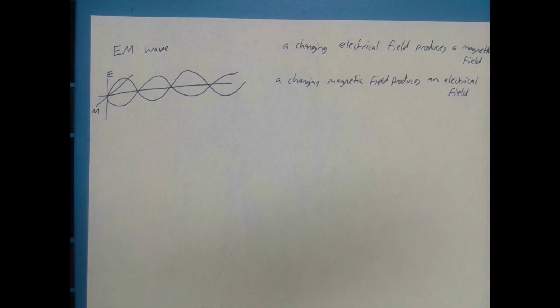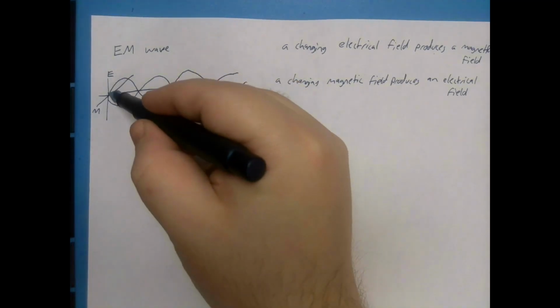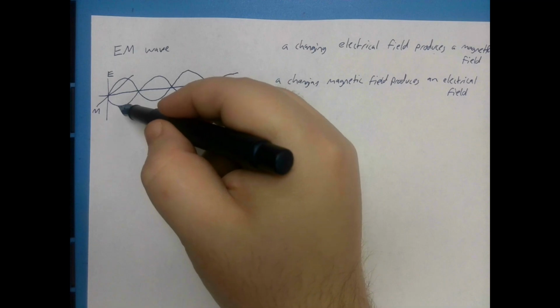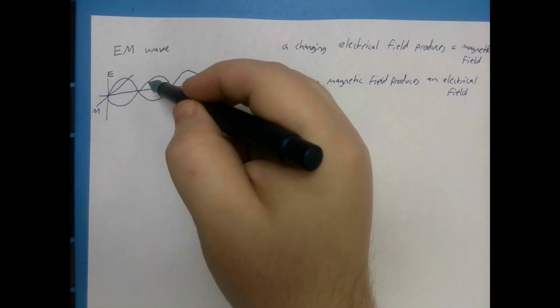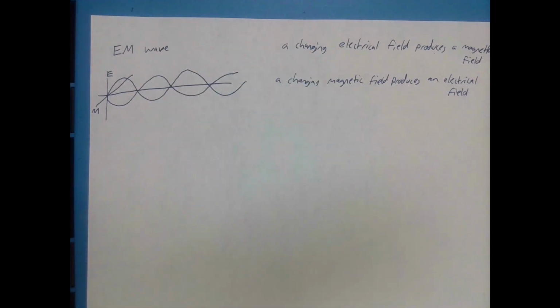So basically, an EM wave is a phenomenon where you have a changing electrical field that's producing a changing magnetic field that is thus producing a changing electrical field. It basically creates itself and it propagates out in the universe like this. As this electrical portion is changing, it's creating a magnetic portion that's changing that thus creates itself, as it propagates on. So, EM wave.